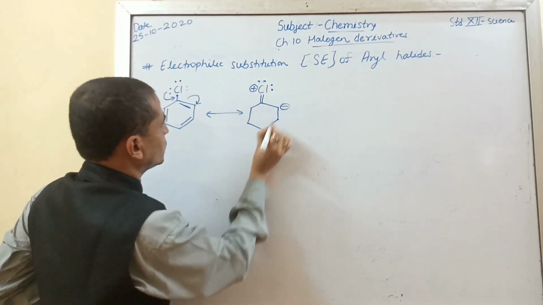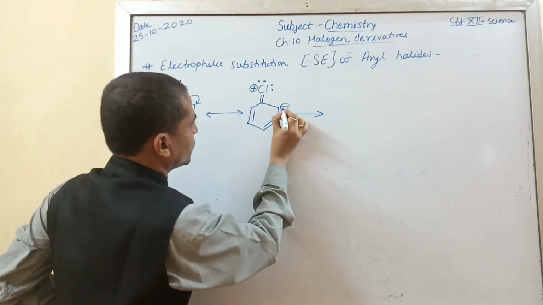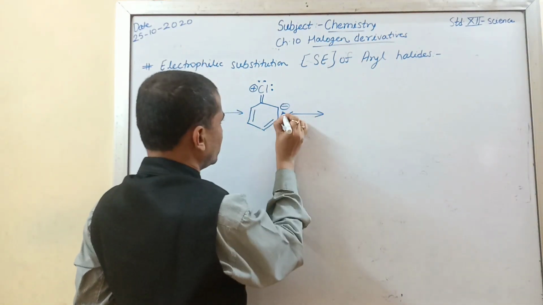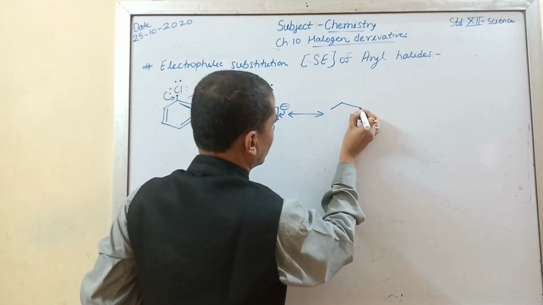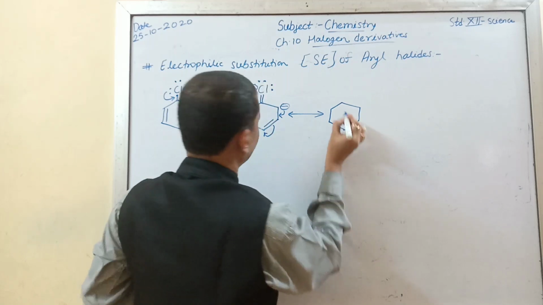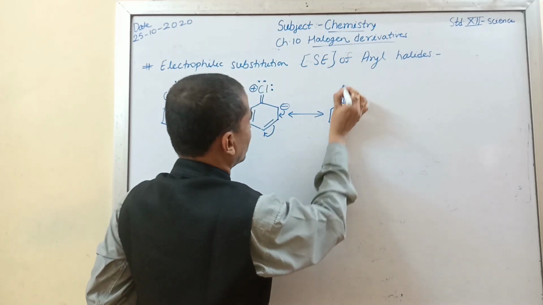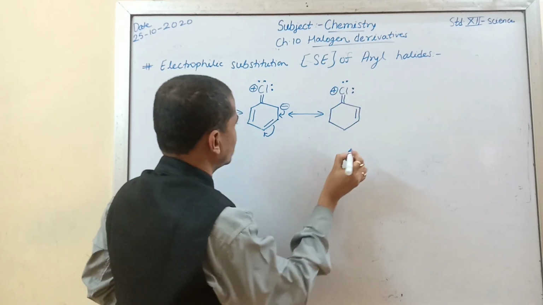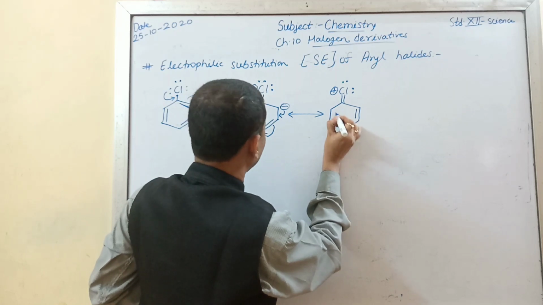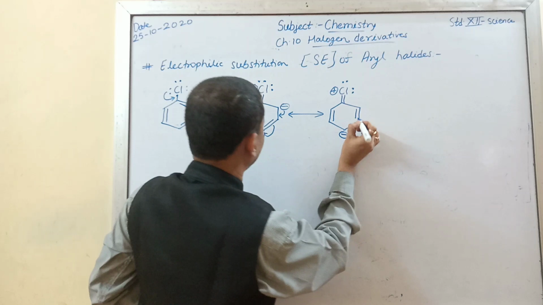Here you get a negative charge. Now see the next. This ortho position. What happens again here? Positive charge. Here negative charge.